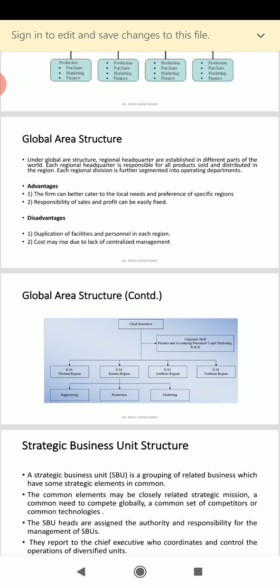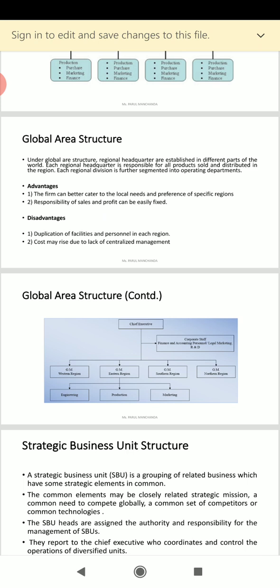If you refer to the diagram on the next slide, you will observe that you have general manager western region, general manager eastern region, general manager southern region, and general manager northern region. So we have these major classifications done on a region-wise basis, right?